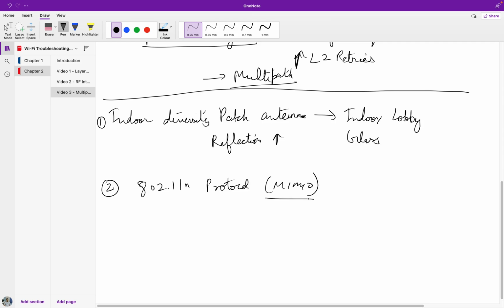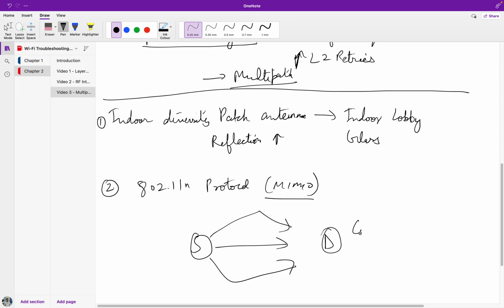With MIMO technology, when there are multiple beams arriving at the destination, the source and destination have the power to adjust the arrival time of the beams so that they all come together at the destination and are all constructive in nature.